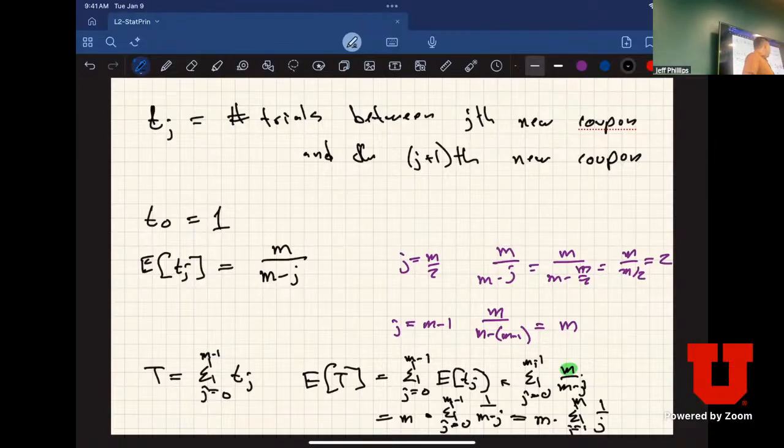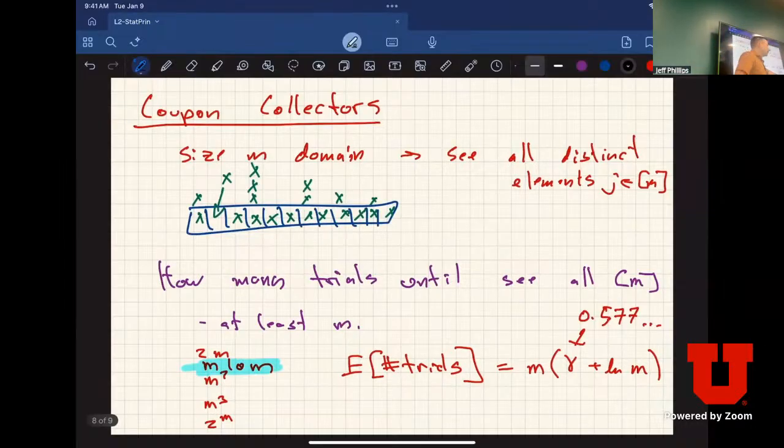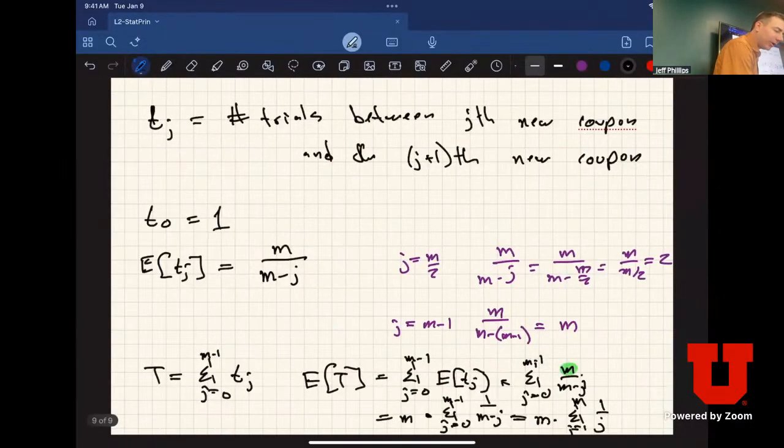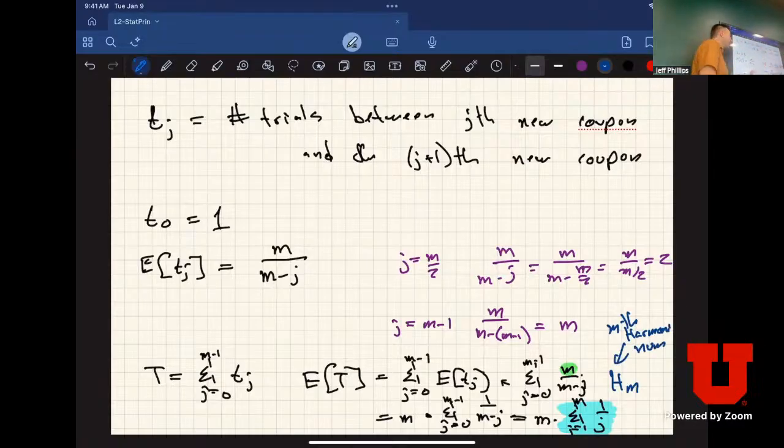And now this is a well-known quantity called the mth harmonic number. And it's known that the mth harmonic number is exactly this expression. So this quantity here is called H_m, the mth harmonic number, and I know it's approximately equal to log m.